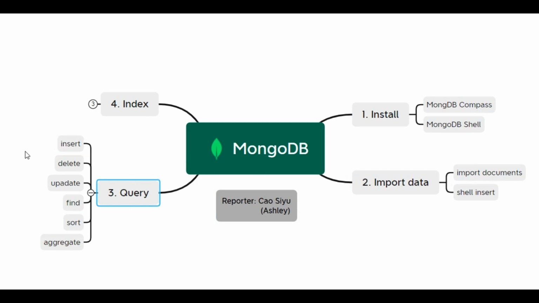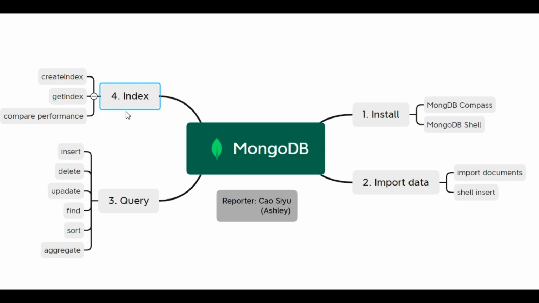As we all know, there are some essential query functions in the relational databases. So, the MongoDB developers also set the similar functions in MongoDB. And the final part is about indexes. By creating index, we can improve our query performance efficiency.